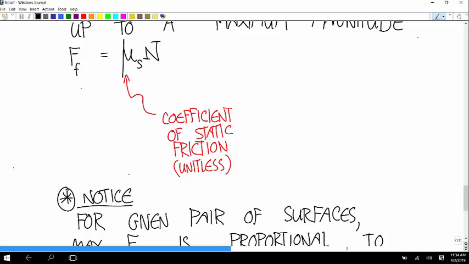So with this again, remember when I did it before, I can't push it very hard before I exceed the maximum force of static friction and it starts to move. We saw that. But if I increase the normal force between these, it can generate a lot more static friction before it starts to move.